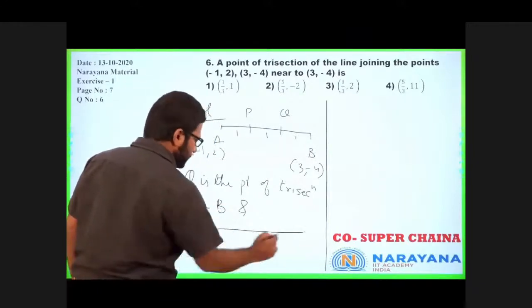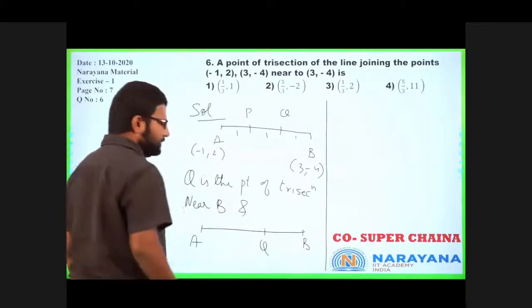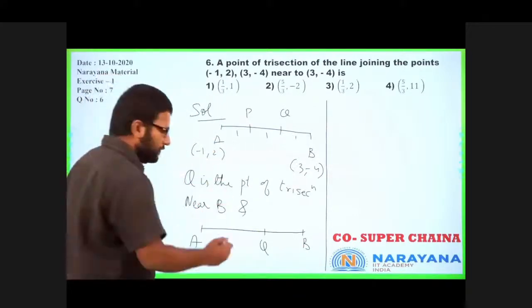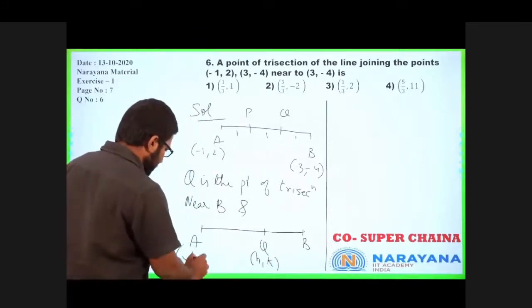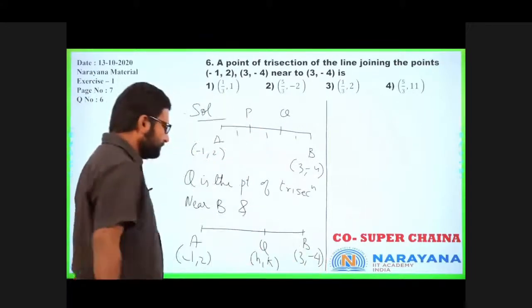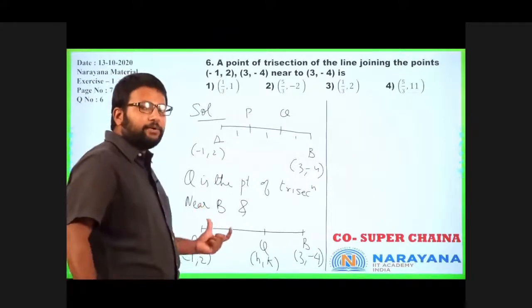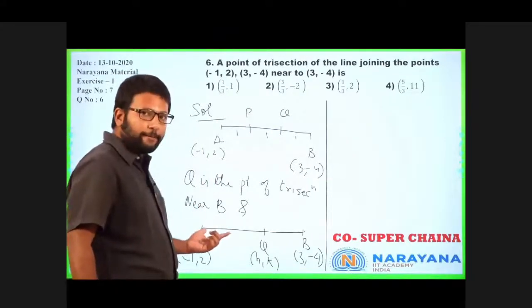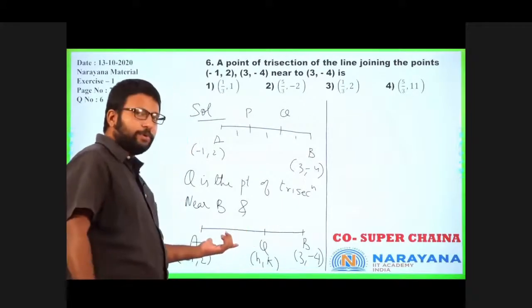Now draw this again. This is A and B, Q. This is just for your convenience while writing the formula. Q, let us call it H comma K. A is minus 1 comma 2 and B is 3 comma minus 4, right? So Q divides AB in the ratio now. Can I call it 1 is to 2? You can say it is 1 is to 2, because this is 1, this is 2.